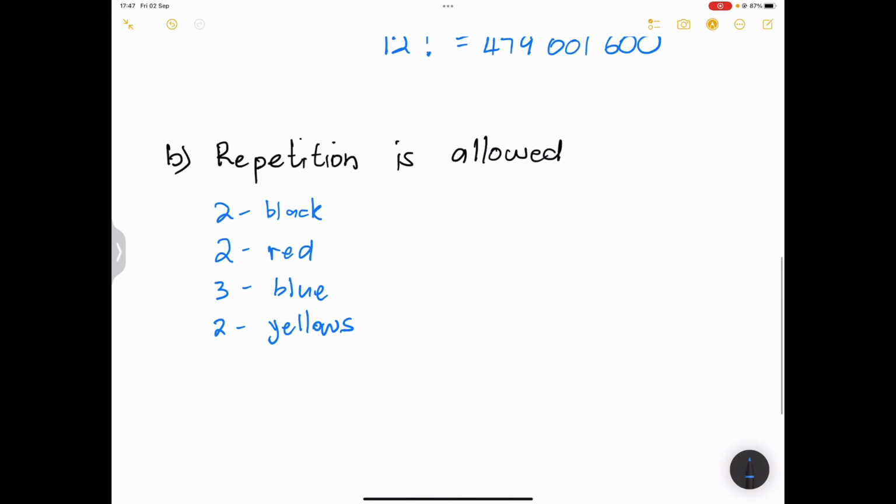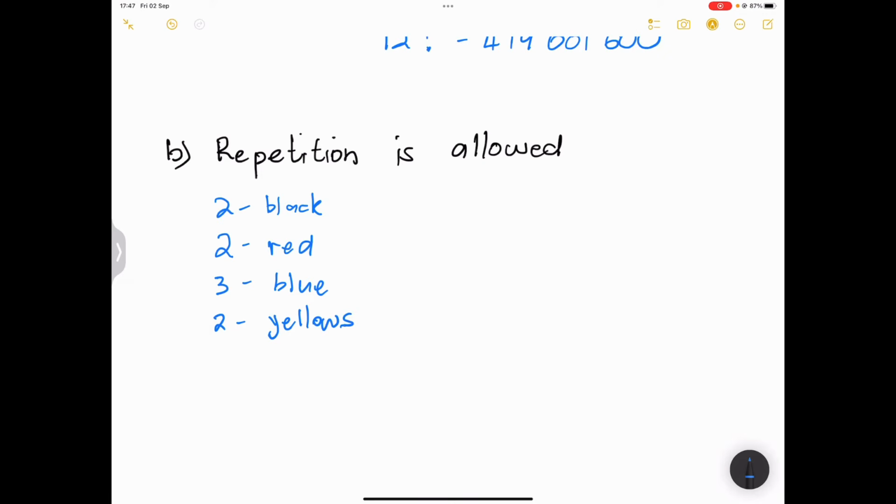Now, how would I find the number of different arrangements? This is where a formula comes in. How many repetitions do I have? I've got 4 of them. So it would be n factorial, remember, divided by the number of repetitions: the number of black factorial multiplied by the number of red factorial multiplied by the number of blue factorial multiplied by the number of yellow factorial.